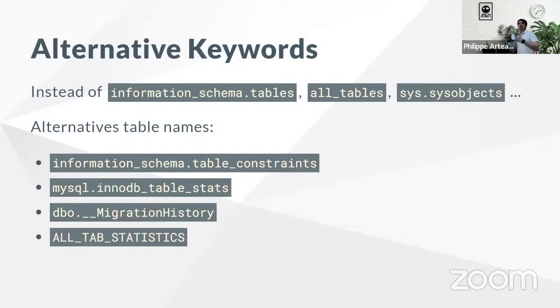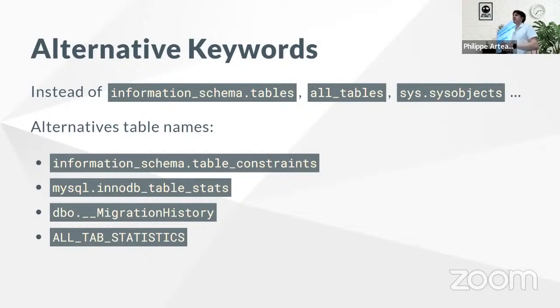So it's pretty safe to block those complete keywords. If it's just a list of keywords that is blocked, try to find an alternative table. Often it will be just other tables. Here, table_constraints doesn't include just table names, but constraints related to tables, and you'll be able to find table names this way. Often statistics tables.